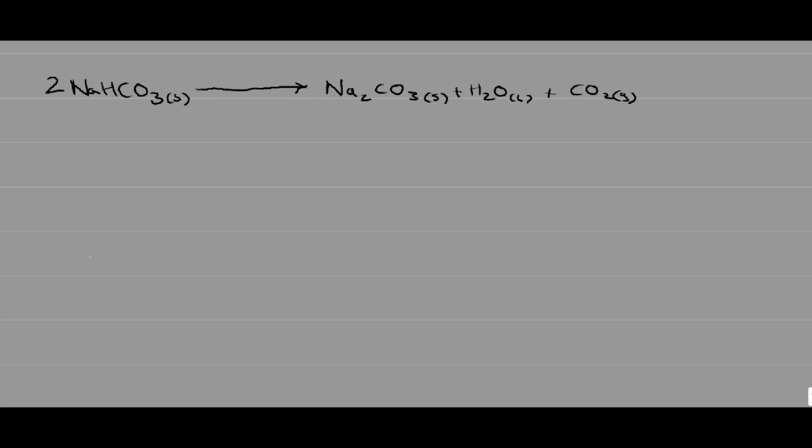So I've been away and I've looked at the values. The equation is on the top here. 2NaHCO3 solid goes to Na2CO3 solid plus H2O liquid plus CO2 gas. Now some of you will notice that I've changed this from H2O gas to H2O liquid.